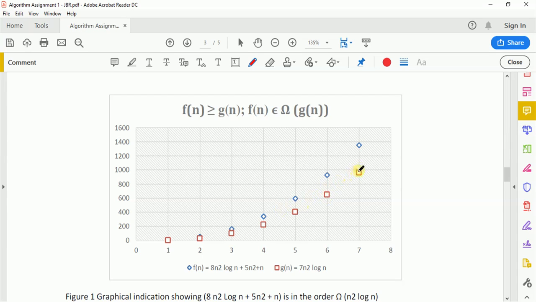That means this will forever be the lower bound, and this will keep just like that. So now we can say this function will never be lower than this function. This is like the lower bound of this one.